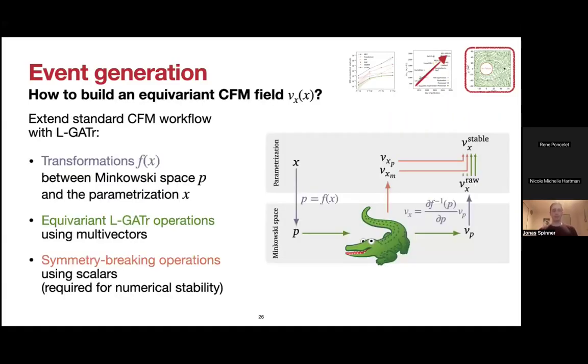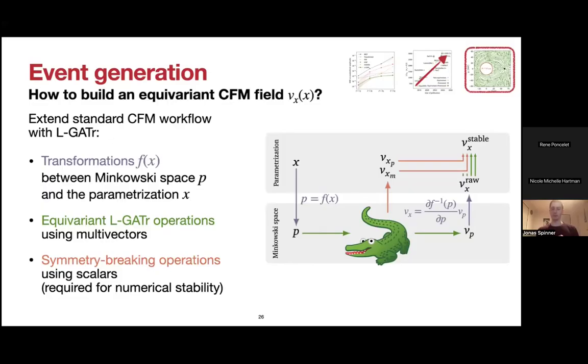Okay. And so now we know how we want to choose our trajectories. The next step is how do we construct the velocity field? So we start from our x, this is essentially the phase space point, and now we want to compute the velocity at this point x. The naive approach, if you had a non-equivariant model, would be just to put x into the neural network and extract the velocity. Super easy. But the problem with the L-GATr architecture is that L-GATr only takes momenta as inputs.